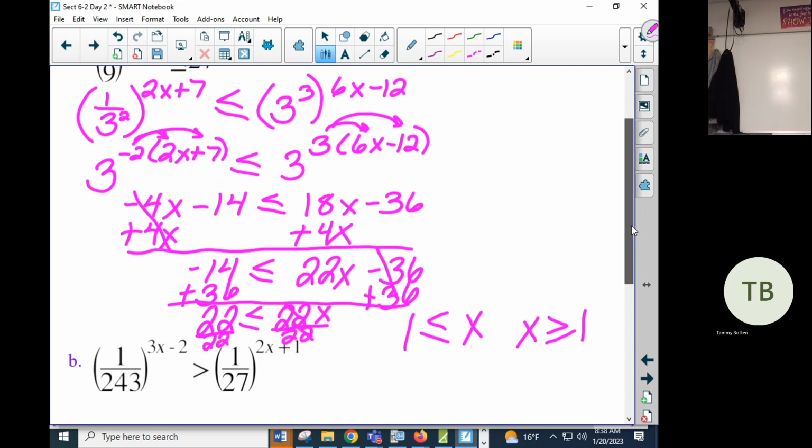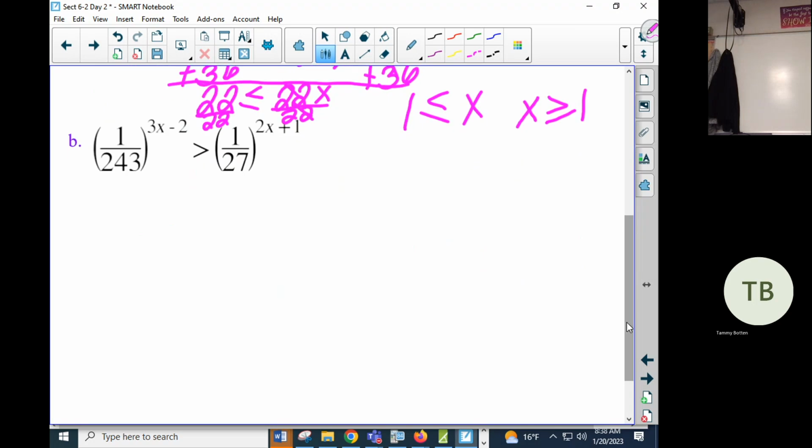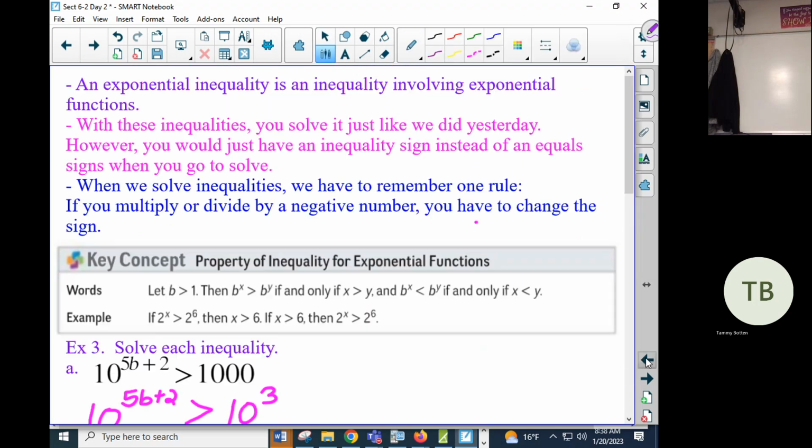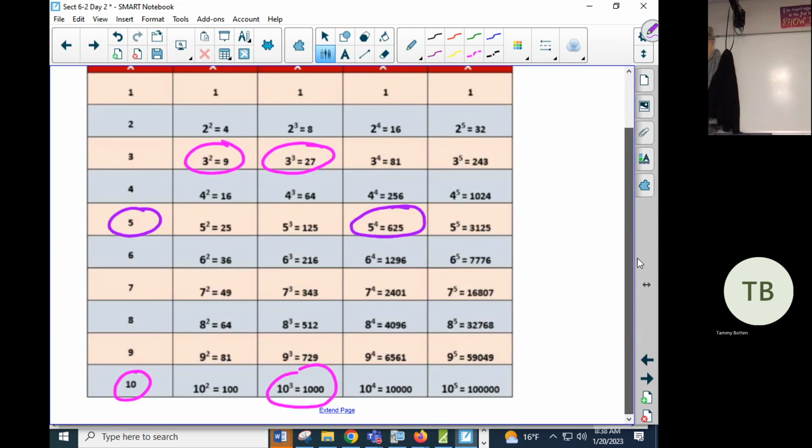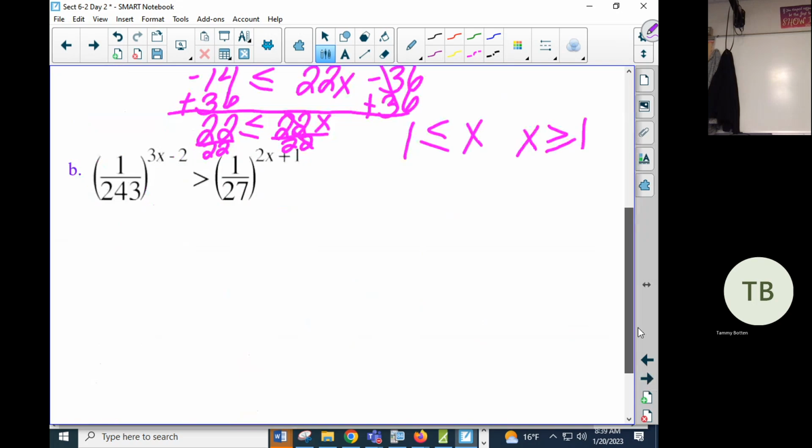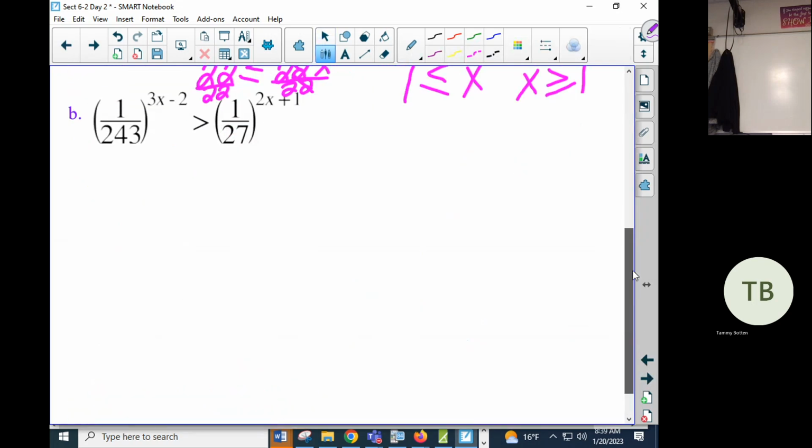Okay, good. Okay. Now, let's look at this one, 243 and 27. Here's 243, 3 to the 5th, 27 is 3 to the 3rd. 3 to the 5th.